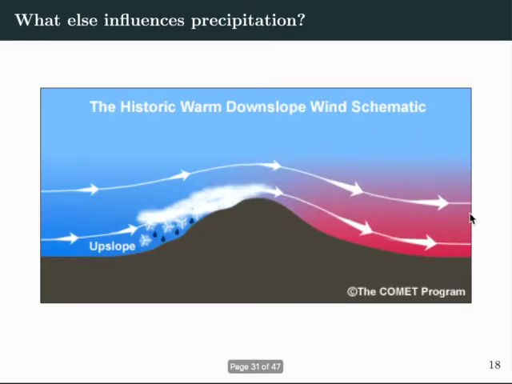We refer to this dry area on the leeward side, or the back side of the mountain, as a rain shadow. Just like a sun shadow is a reduction of sun, a rain shadow is a reduction of rain.